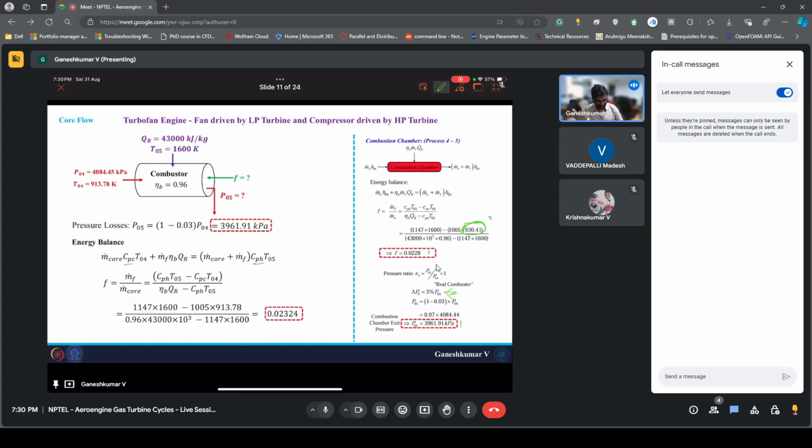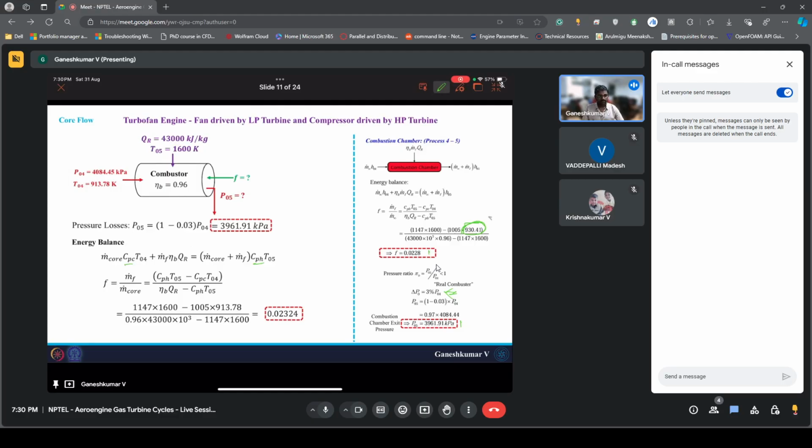So you can see that you have 0.02324 for this configuration, because your entry temperature was a little lower than the previous configuration. So you have to put extra energy in terms of fuel in order to reach 1600 Kelvin. That's the logic behind it. Okay.